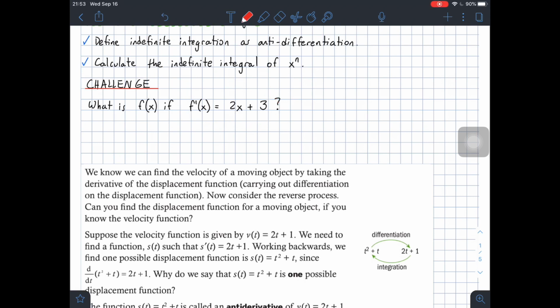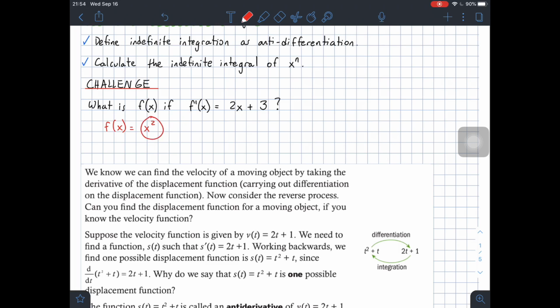If you think about this for a second, you can, for example, try. We could say that f of x, if we need to obtain 2x, maybe the original function must have x squared, right? Because if we differentiate x squared, we're going to take down the 2 and we're going to get 2x, right? 2x to the power of 1.